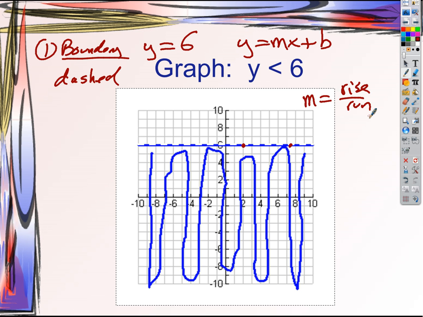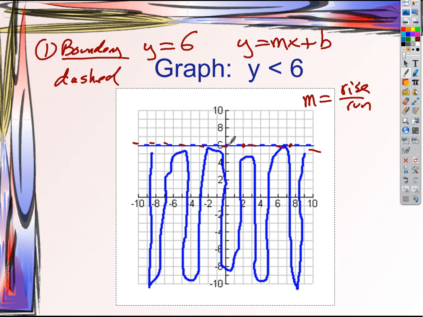Now, I can't divide by 0 itself, but 0 divided by another number is equal to 0. So if I'm rising by 0, I'm not going up or down at all. I'm only going to run, move horizontally. So the 2 points are always going to be lined up horizontally then, aren't they? For a 0 slope, right? So I know that I get this dashed horizontal line at y equals 6. Okay? It's got a y-intercept of 6 and 0 slope.